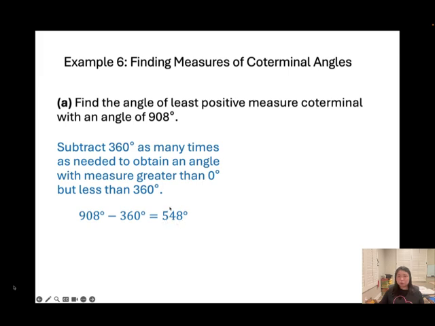This is also a coterminal angle, but they want the least positive. So we're going to subtract another 360. Okay, 2 times 360 subtracted from 908, you're going to get 188. So this is also a coterminal angle. If we keep subtracting 360 again, I'm going to get negative coterminal angles. Okay, so this is going to be your final answer.